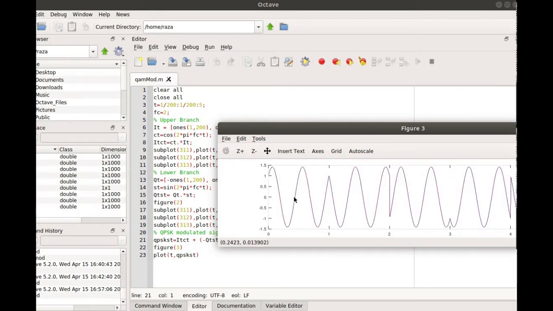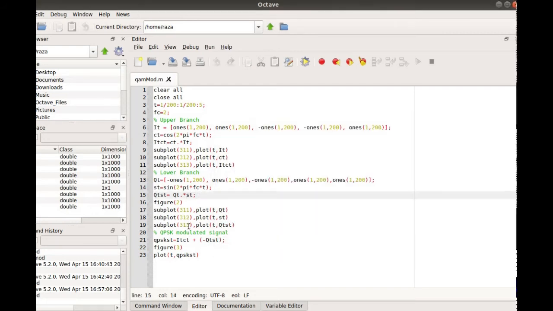The variable used for this one is QPSK ST. This is my QPSK s of t, the QPSK modulated signal, which is the sum of the sine and cosine carriers. So I'll take just the first 200 samples.